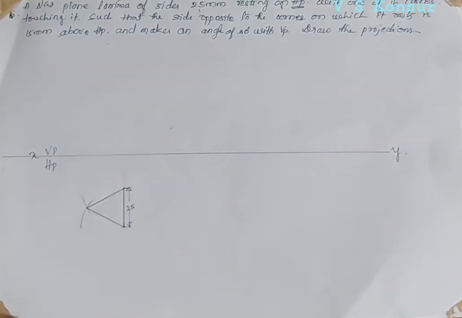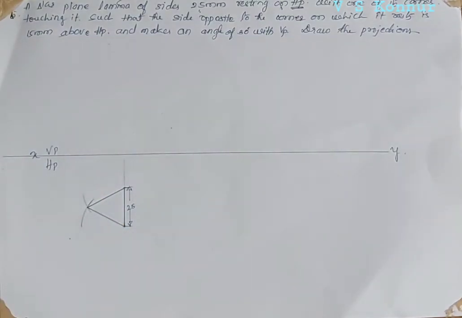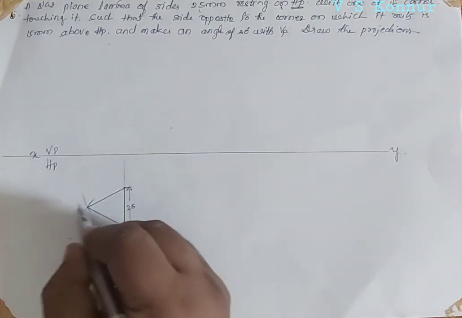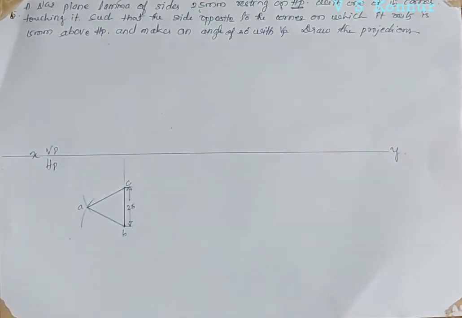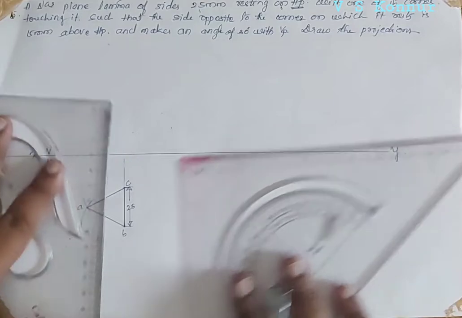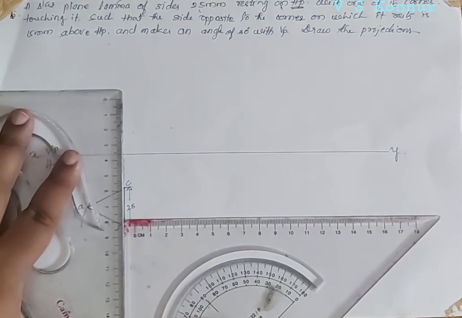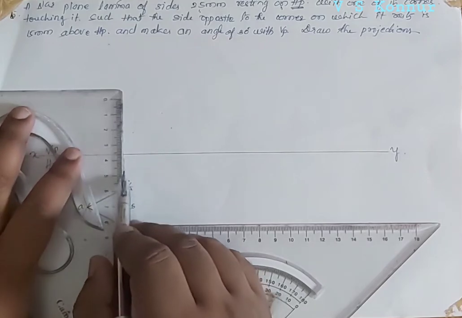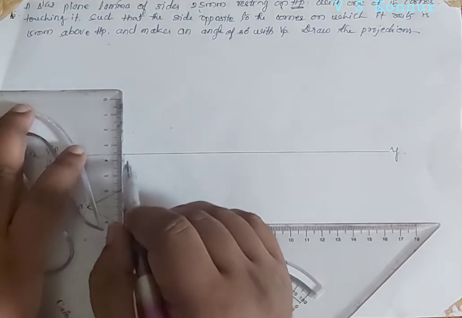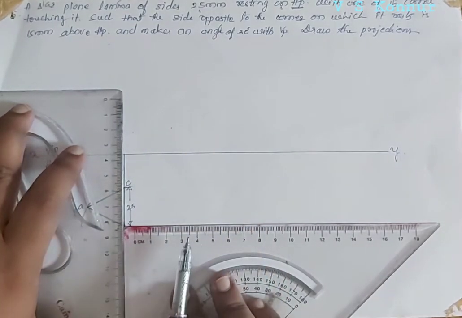The dimension is 25 mm, and then name the points A, B, C. And then draw the projectors on either side.